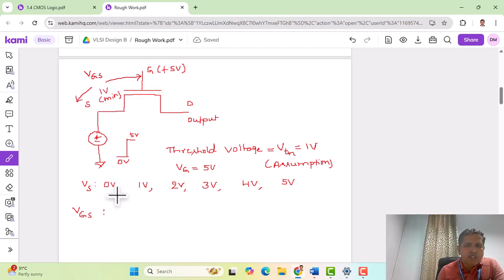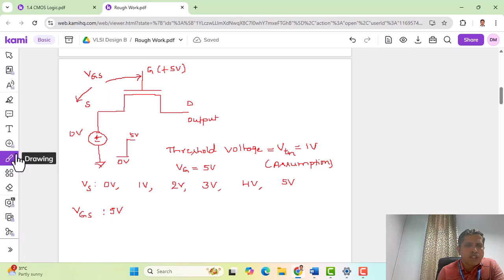Now let us start with 0 volts and see what the output will be. When we apply the source voltage as 0 volts, the VGS is going to be 5 volts. I'll just remove this minimum voltage.